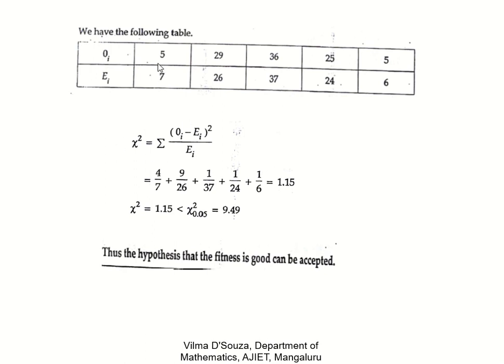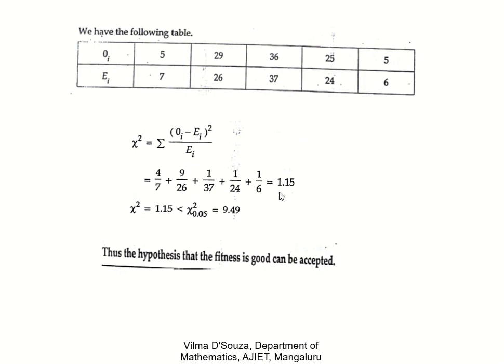That is equal to 5 minus 7 whole square divided by 7, plus 29 minus 26 whole square, that is 9, divided by 26, plus 36 minus 37 whole square, that is 1, divided by 37, plus 25 minus 24 whole square, that is 1, divided by 24, plus 5 minus 6 whole square, that is 1, divided by 6.